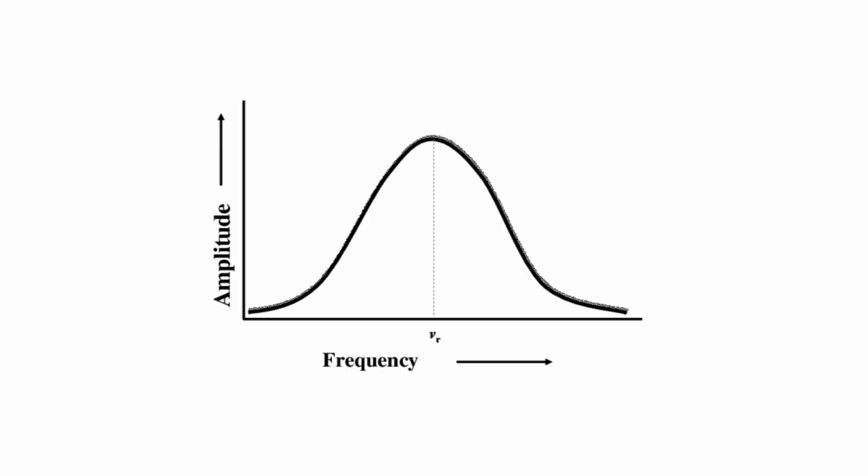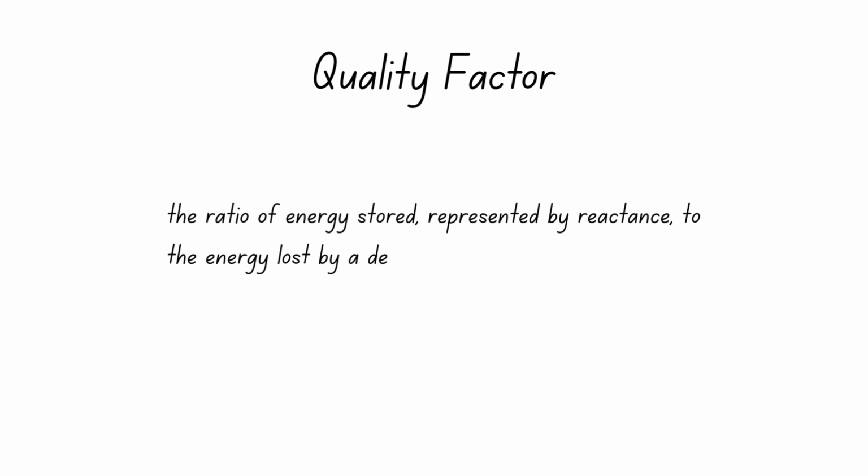A circuit with a broad curve is used in situations where a good response over a band of frequencies is desired. Sharpness of a resonance curve can also be expressed in terms of a quantity known as quality factor. It is defined as the ratio of energy stored, represented by reactance, to the energy lost by a device, represented by resistance.